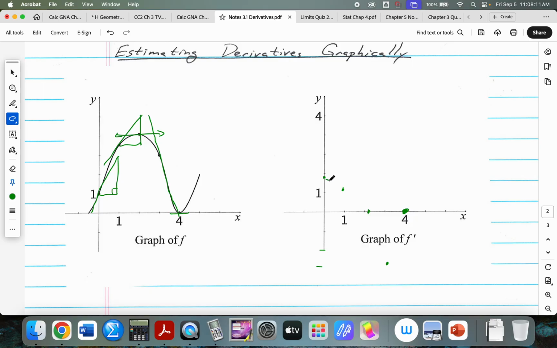And then, in a smooth curve motion, connect them. Where do you get -3? If I drew in that slope triangle, this is about -3 when this goes over 1.